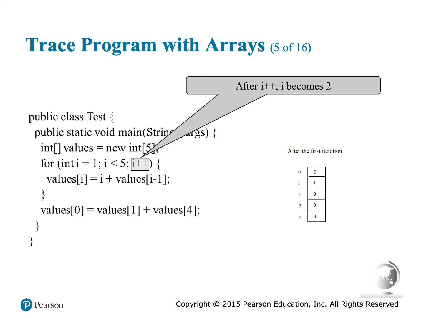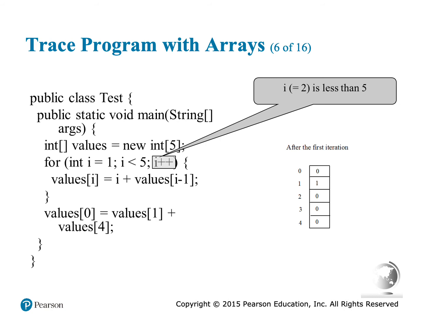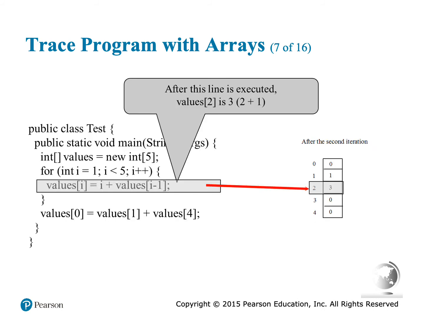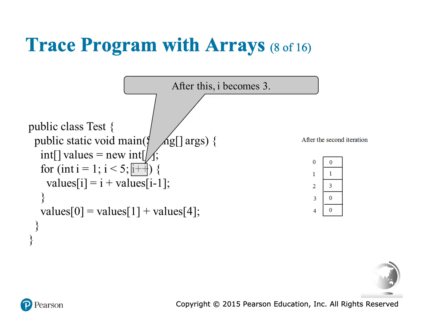The after iteration statement is executed and i is incremented. 2 is now stored in the memory location referred to as i. The loop continuation condition evaluates to true and the loop continues. Values sub 2 is assigned the value 3. i is incremented, and now i is equal to 3.